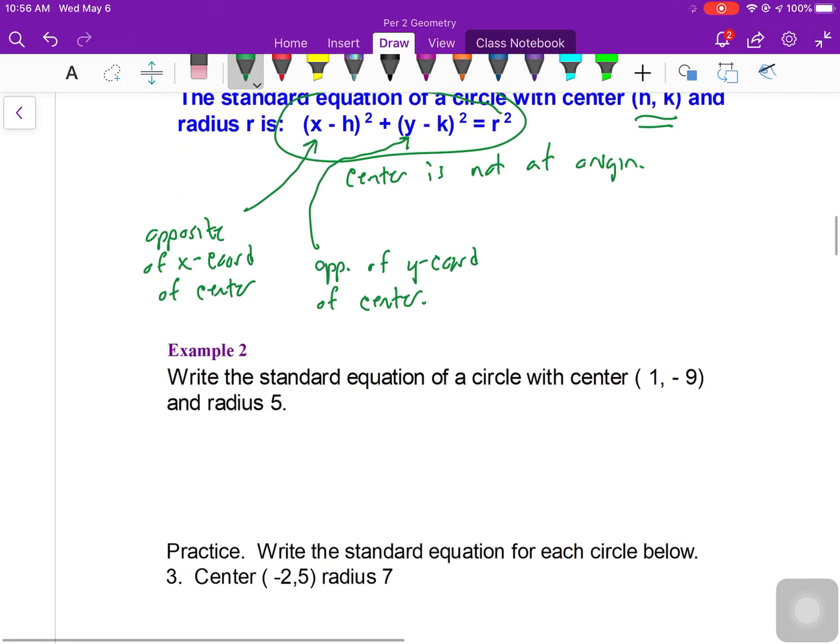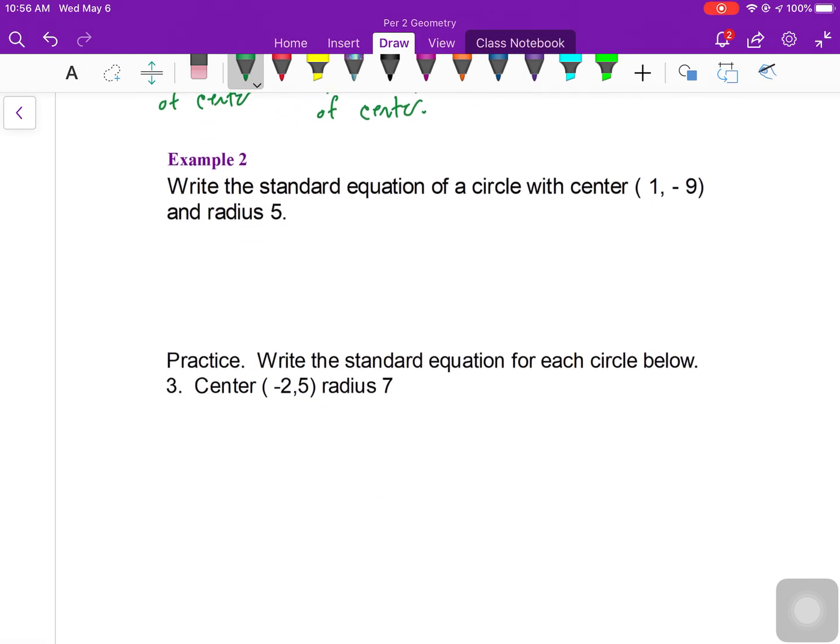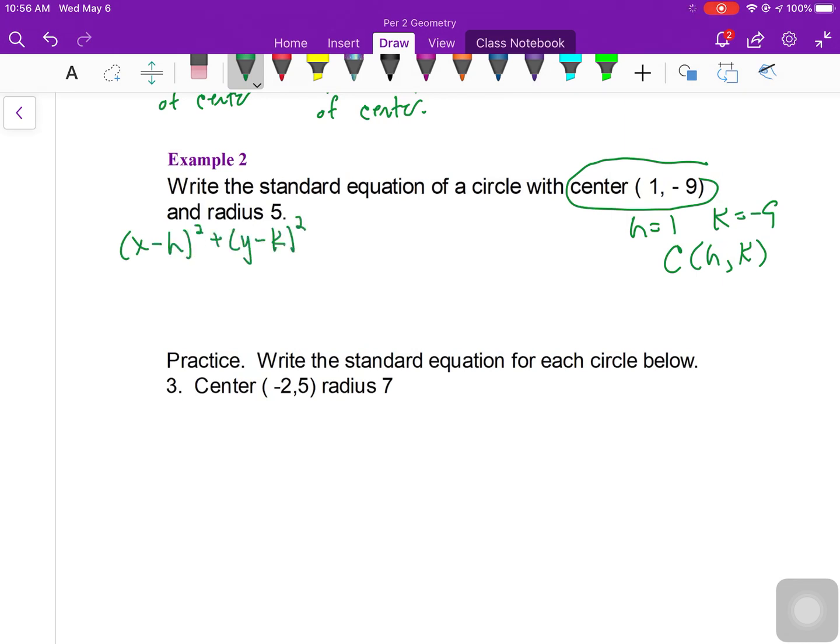So let's take a look at writing an equation of a circle in standard form when the center is not at the origin. Here's our first example of that type. Here's the center. So our h is 1 and our k is -9. Remember, the center is at (h, k). When we write the equation, the left side is going to match this form, and the right side is going to be the radius squared.